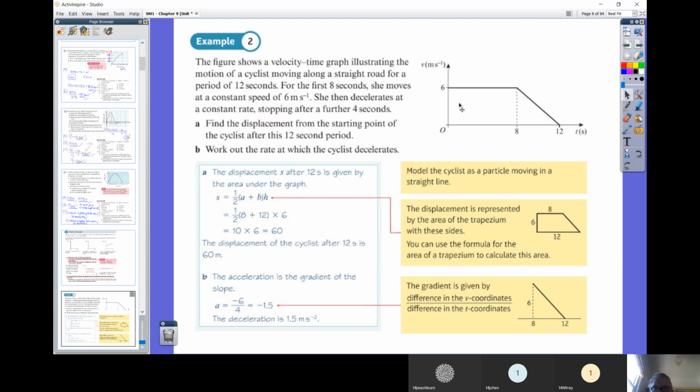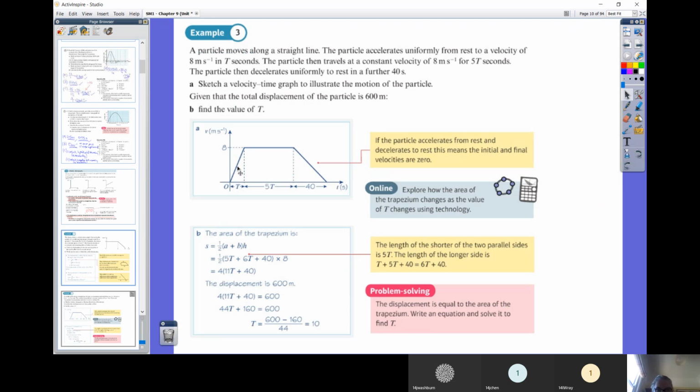Of course, if you wanted, you could just work out the area of the rectangle, the area of the triangle, and add them together. So the displacement is the area under the graph. The acceleration is the gradient. So this deceleration here, we can work out by working out that gradient. Deceleration, so of course the acceleration will be negative.